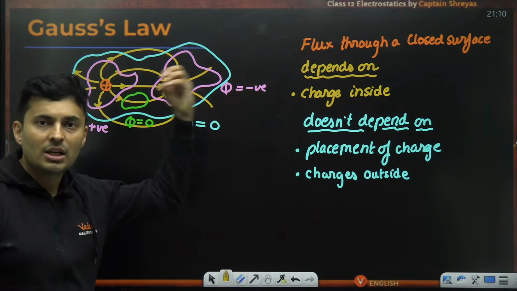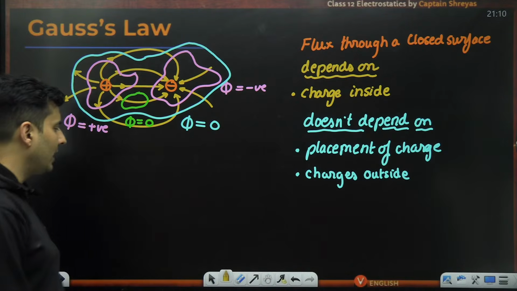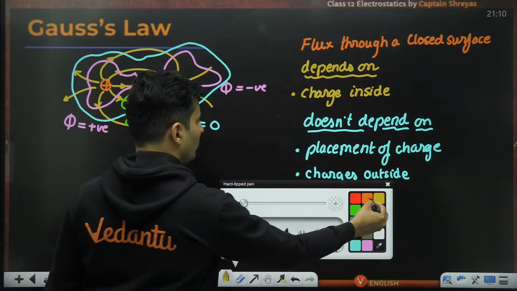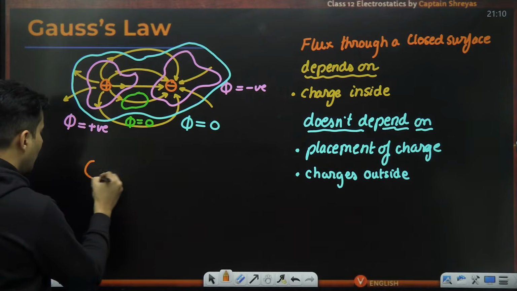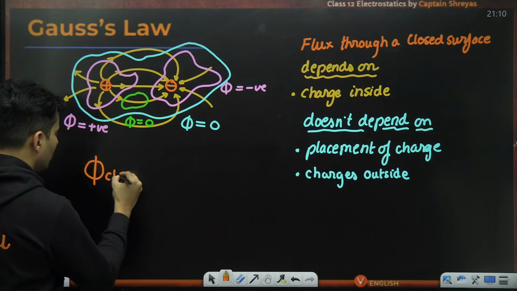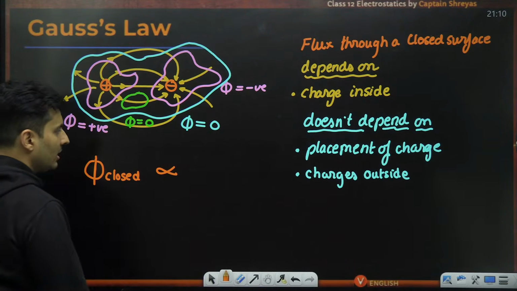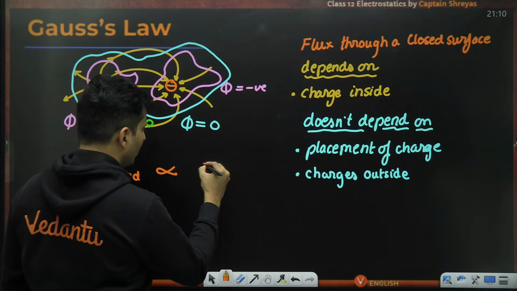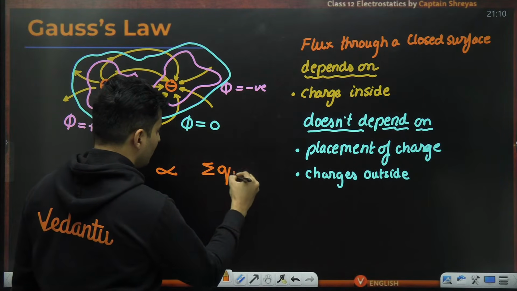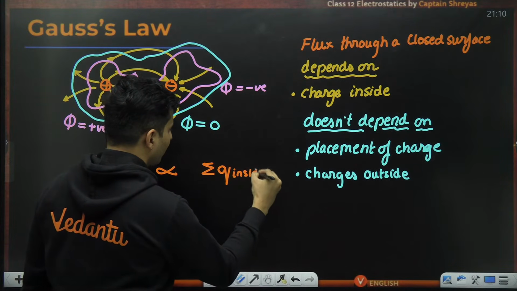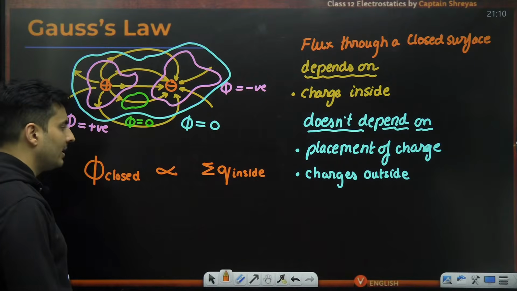So from this, Gauss was able to formulate a principle, and he said that the flux through a closed surface is directly proportional to the net charge which is present inside.